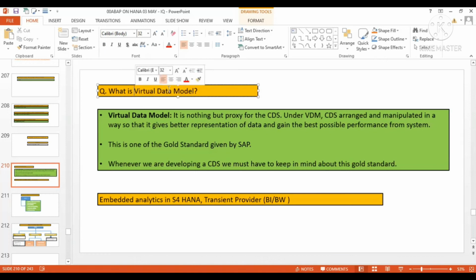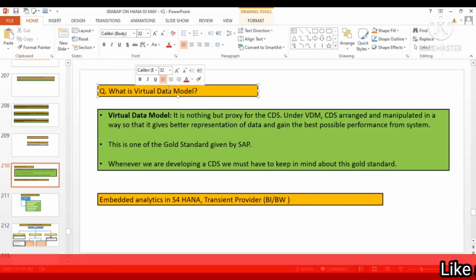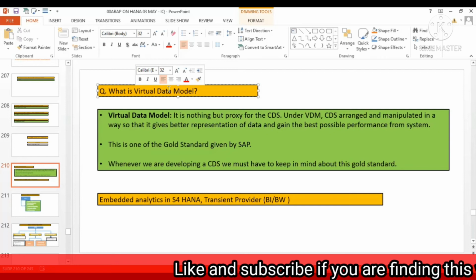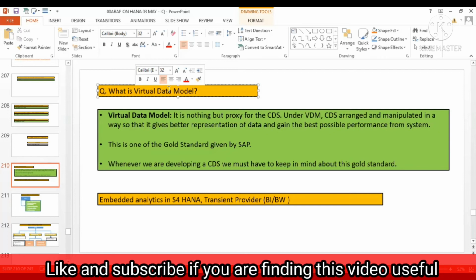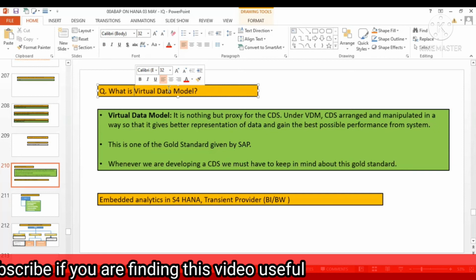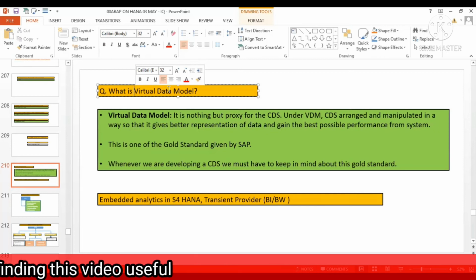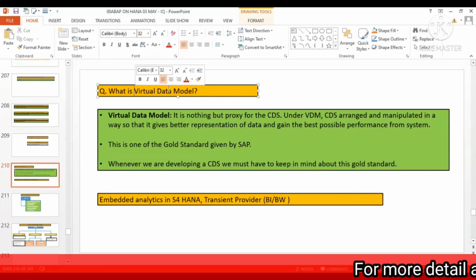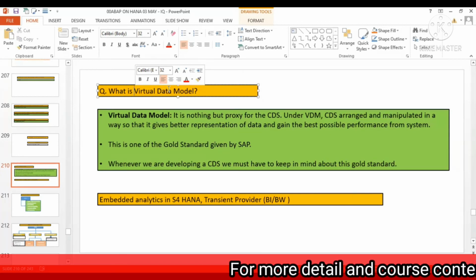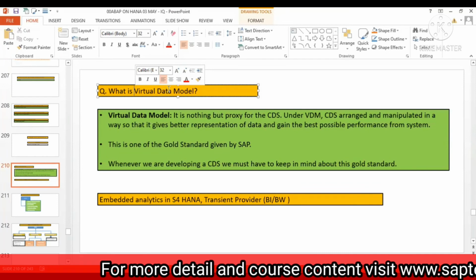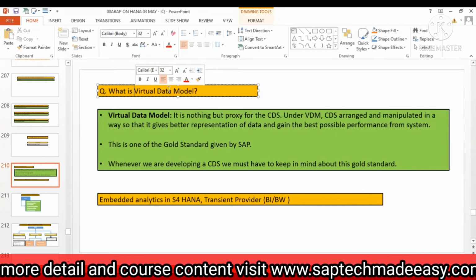Okay. So we are going to arrange the CDS in such a way that it will become a data model which really does not exist, but we are going to put in such a way that with the help of annotation, it will become a data model, and this data model will be known as the virtual data model. So it is basically CDS.